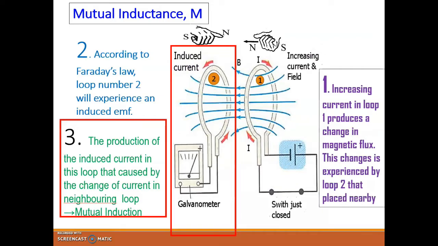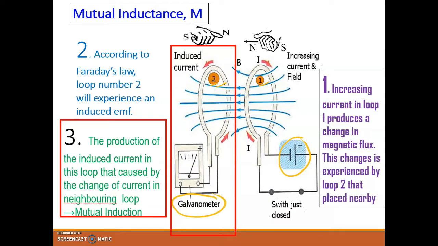So look at this figure. Two coils placed side by side coaxially. Coil C1 is connected to a source of EMF. Coil 2 is connected to galvanometer. When current starts to flow in coil number 1, the flux will begin to build up inside the coil.